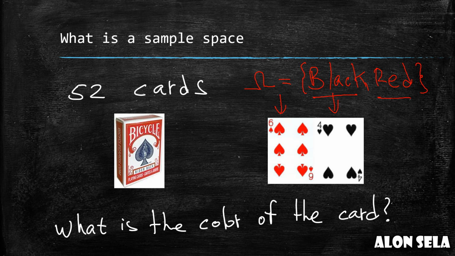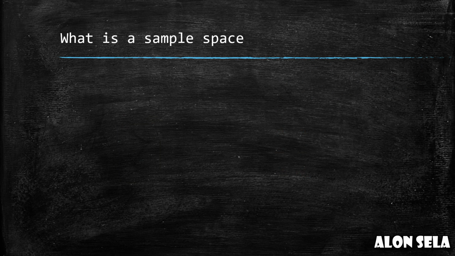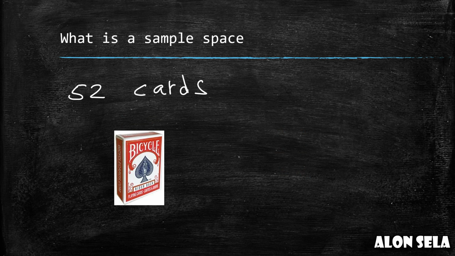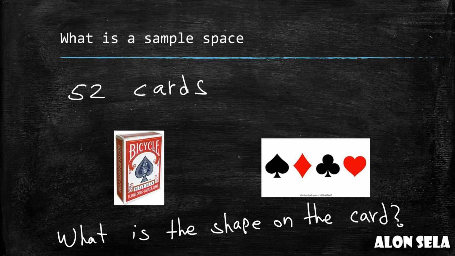Now let's see another example of another sample space. Let's talk again about the same deck of cards with 52 cards in it, but now we're going to ask a different question. Now we're going to ask, what is the shape on the card that we are randomly choosing? In this case we have 1, 2, 3, 4 possible outcomes.